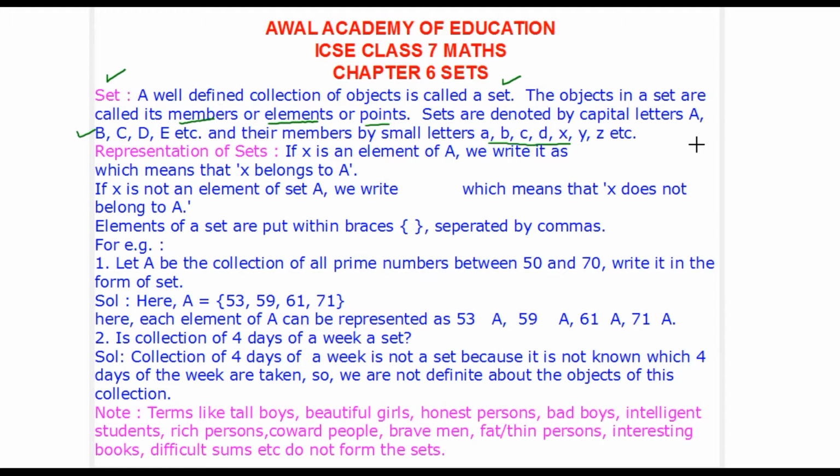Right? Now, how can we represent these sets? If x is an element of A, we write it as x ∈ A, which means x belongs to A. This is the representation of it.